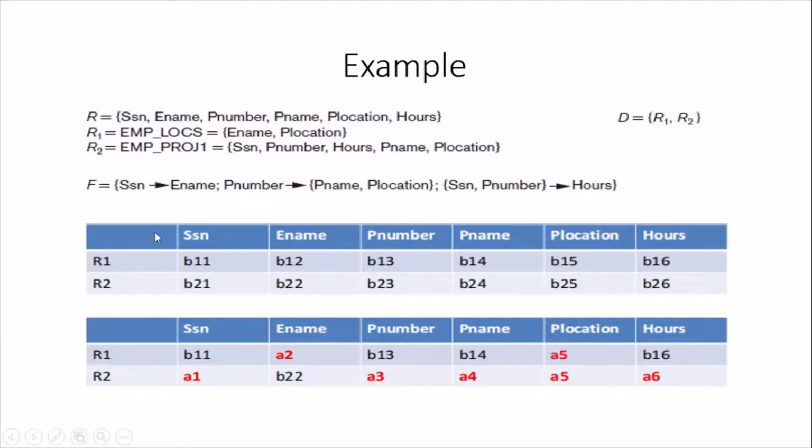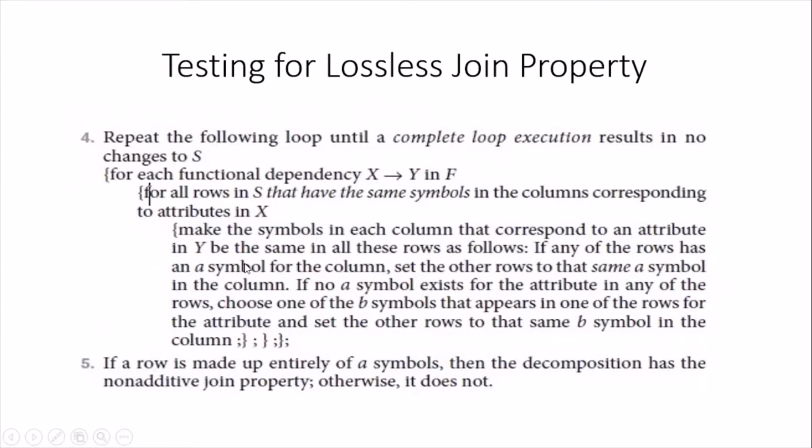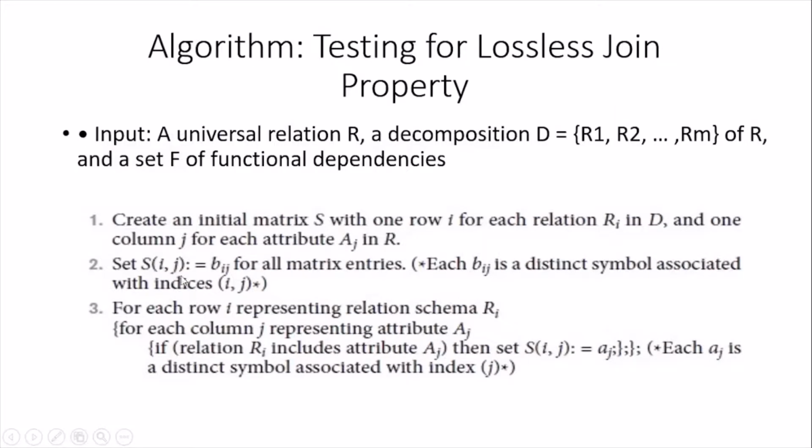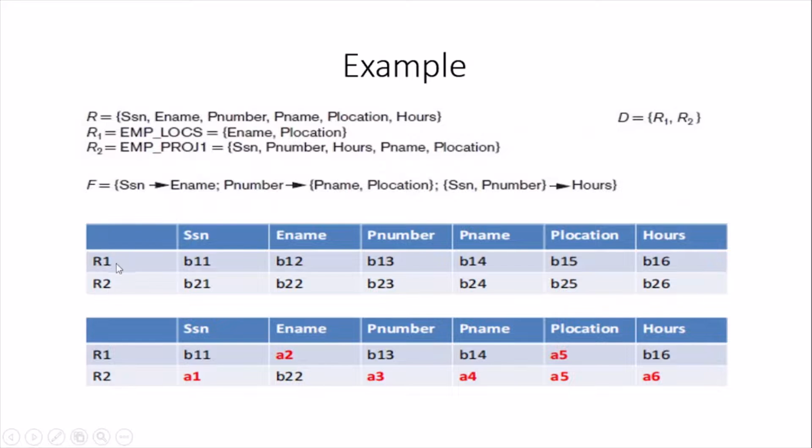The second step is to populate this matrix, where the initial value will be S of i,j equal to Bij for all matrix entries. So R1 will have B11, B12, B13, B14, B15, B16. Then R2 is B21, B22, B23, B24, B25 and B26.